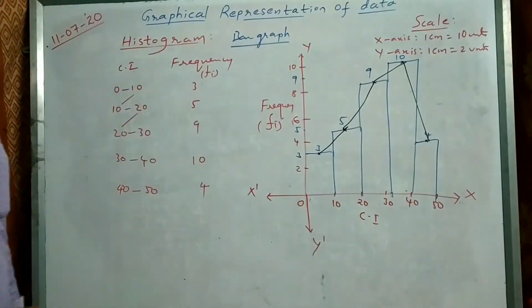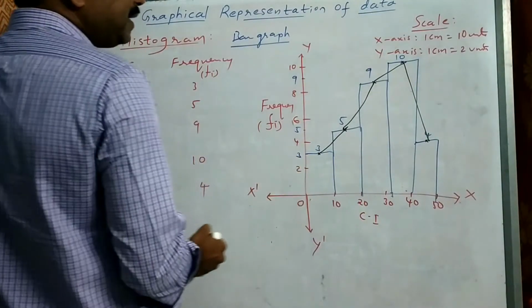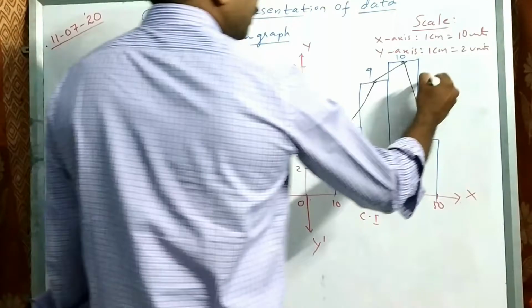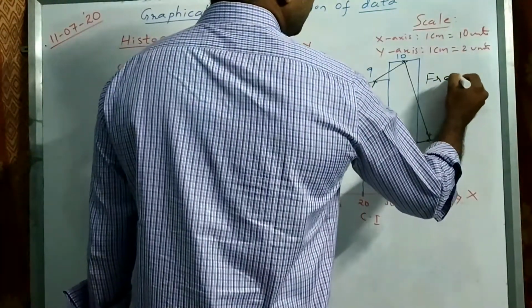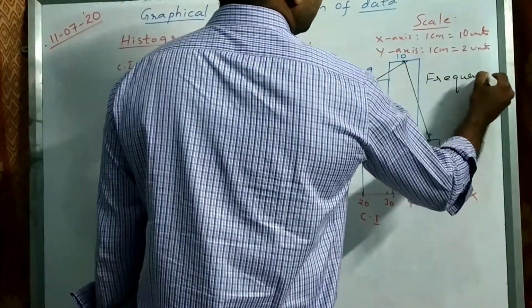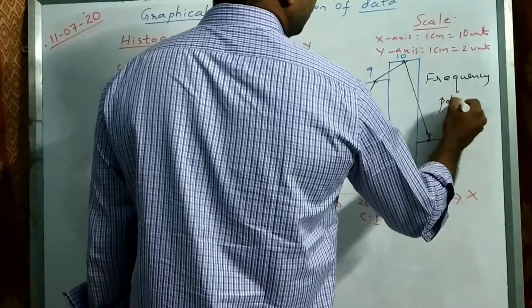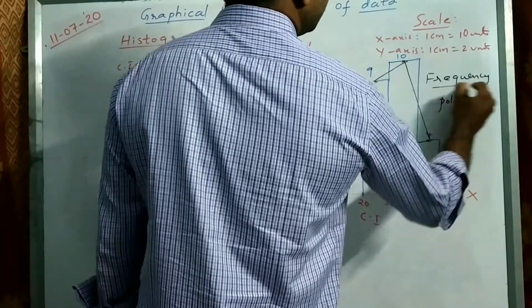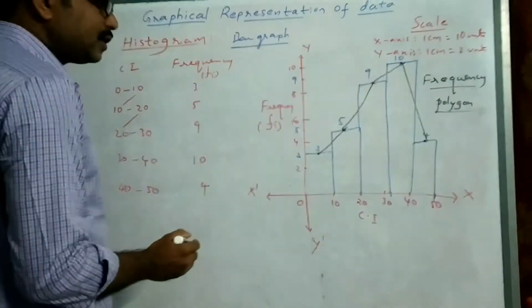If you join that line segments, that is called a frequency polygon. Why polygon? I said polygon means closed figure, no?